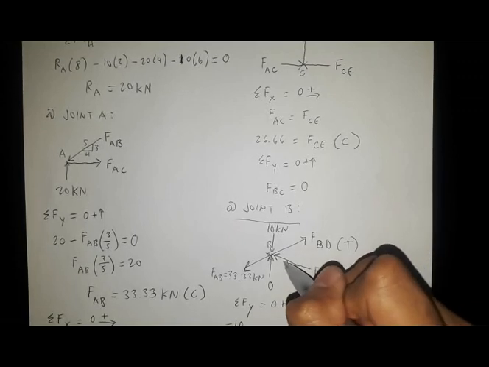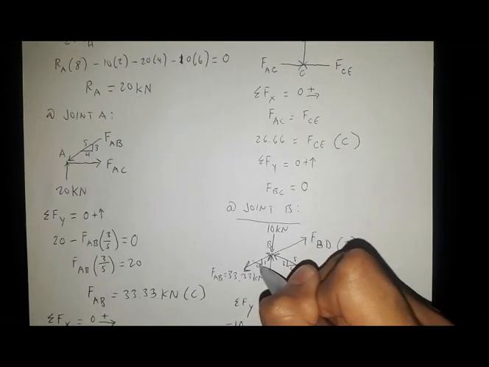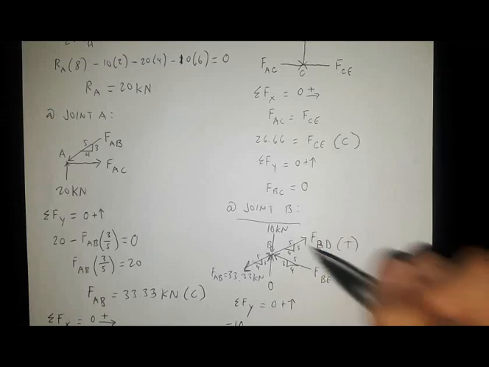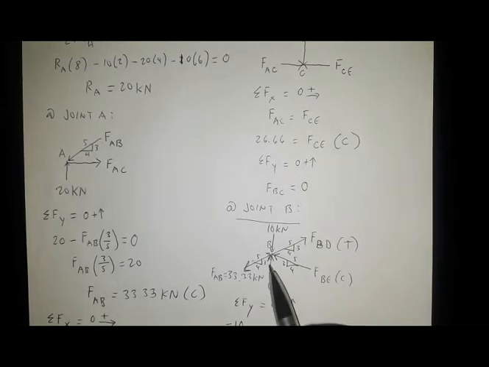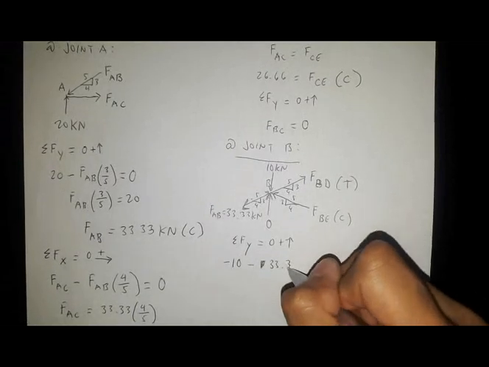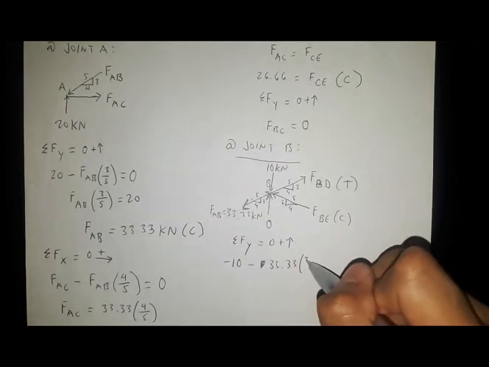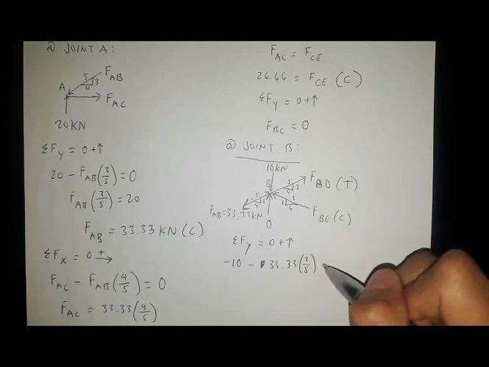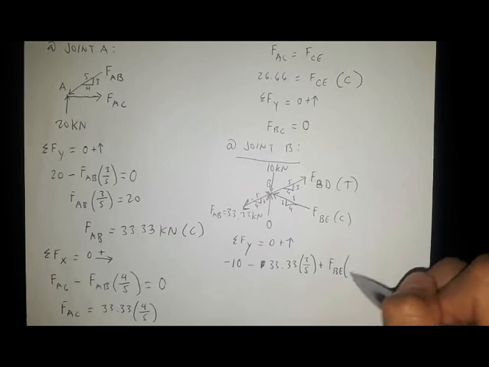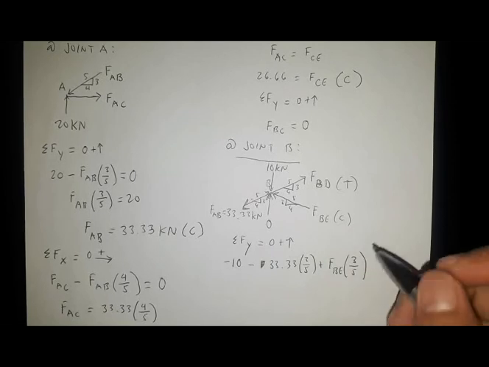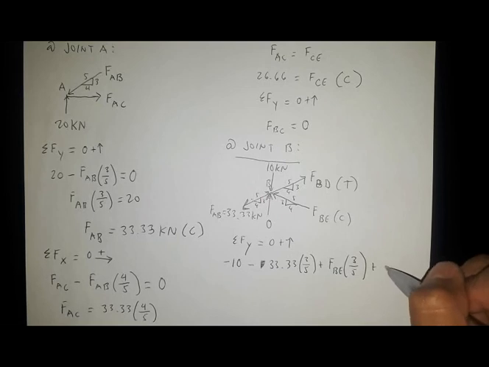So again we have here 3, 4, 5, as well as this force 3, 4, 5, minus the force of AB, or 33.33, multiplied by the Y component 3/5, plus FBE multiplied by 3/5, plus FBD equals 0.